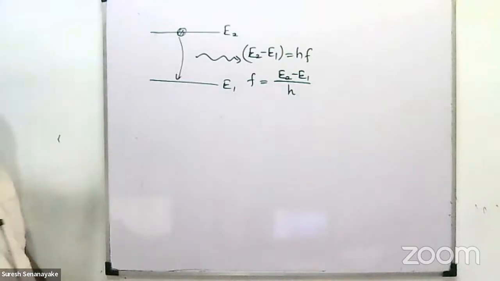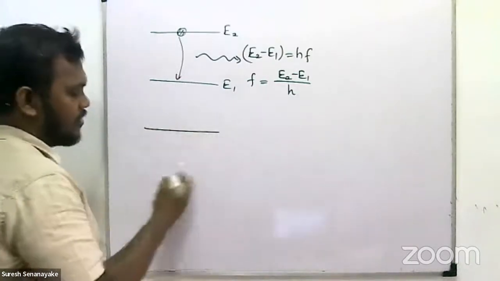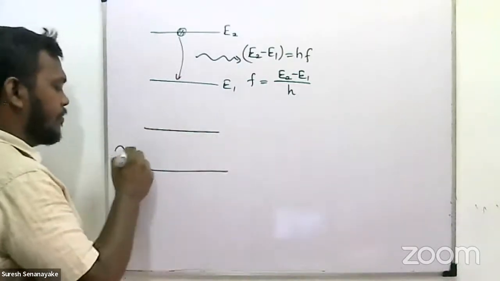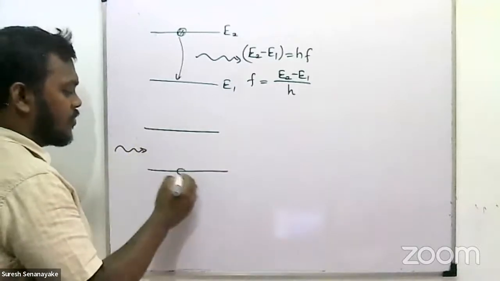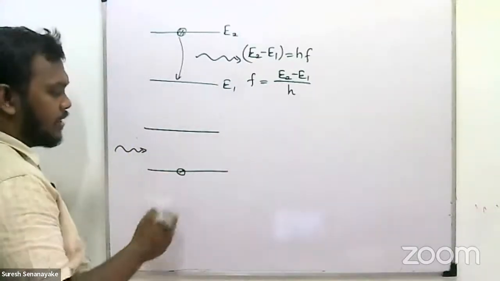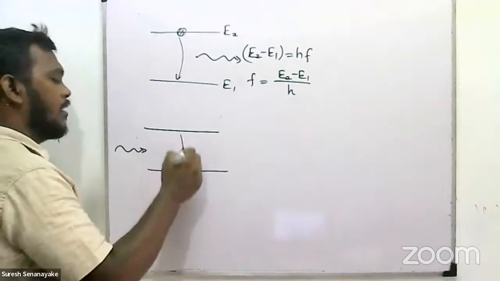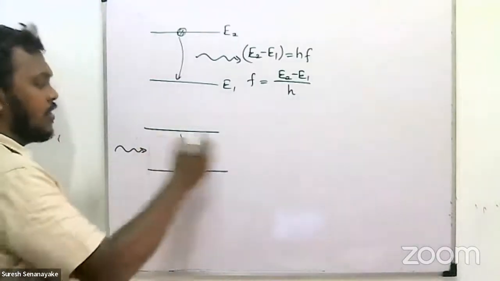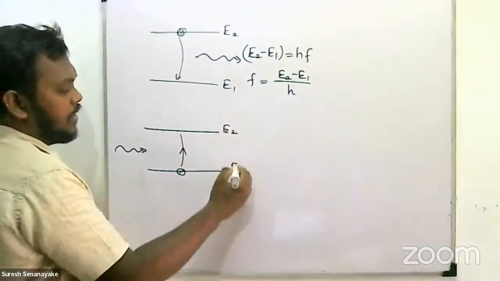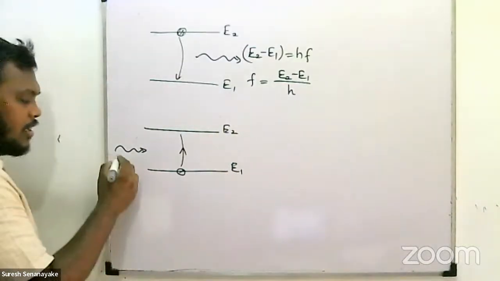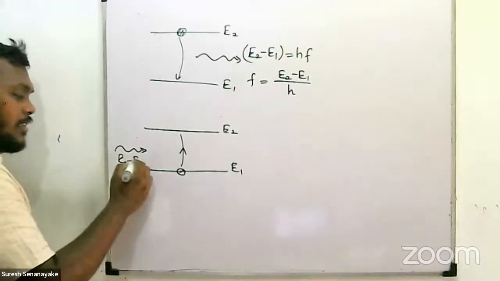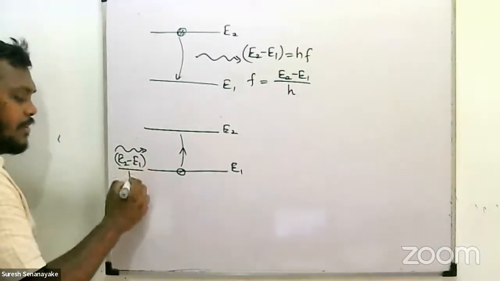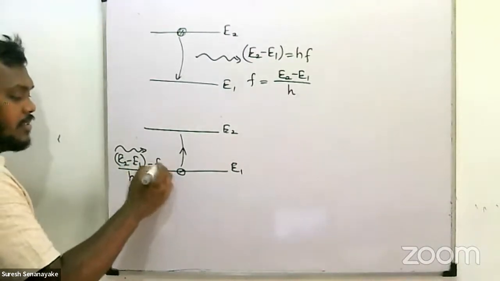If you give energy to this medium, that energy is absorbed by the ground state atoms and they move up. This absorbed energy also corresponds to E2 minus E1 over the Planck constant, the frequency of the energy given.